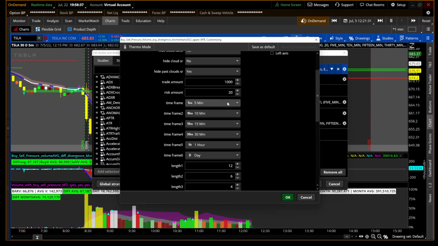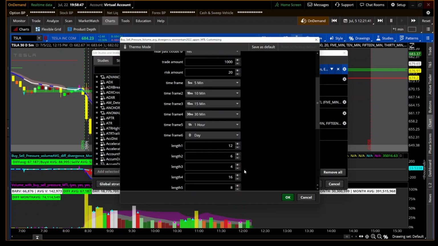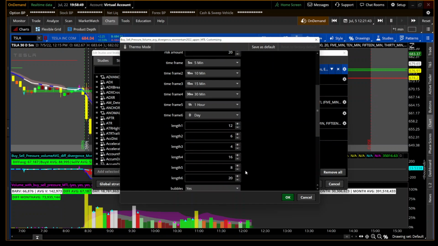So anytime I go look at a 5-minute chart, these lengths are going to automatically adjust to 12. If I go to a 10-minute chart, it's going to automatically adjust to 6, 4 for 15, 16 for 30, 8 for an hourly, and 20 for a daily chart.